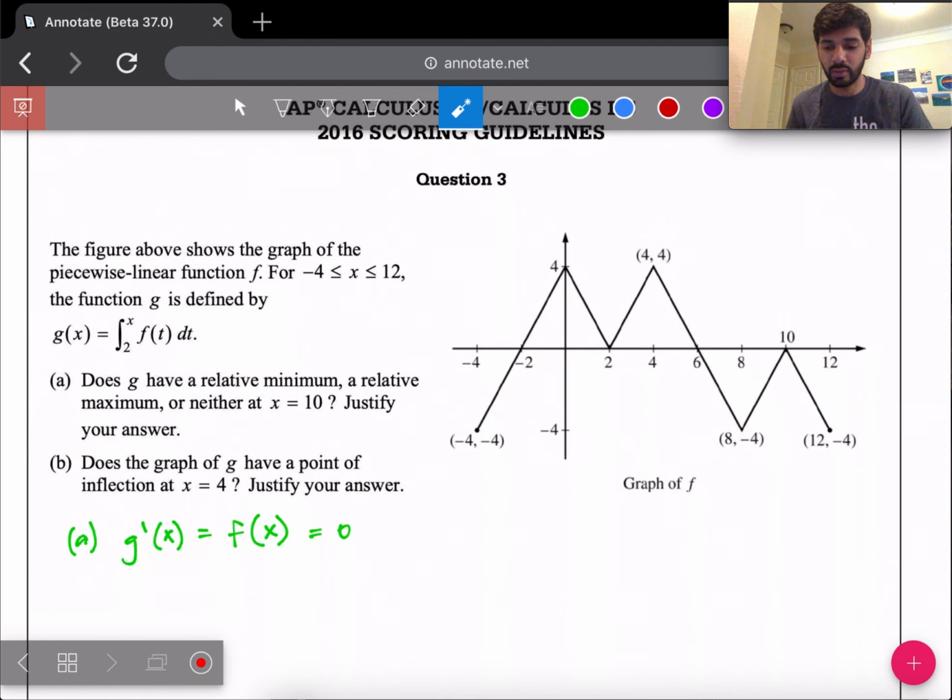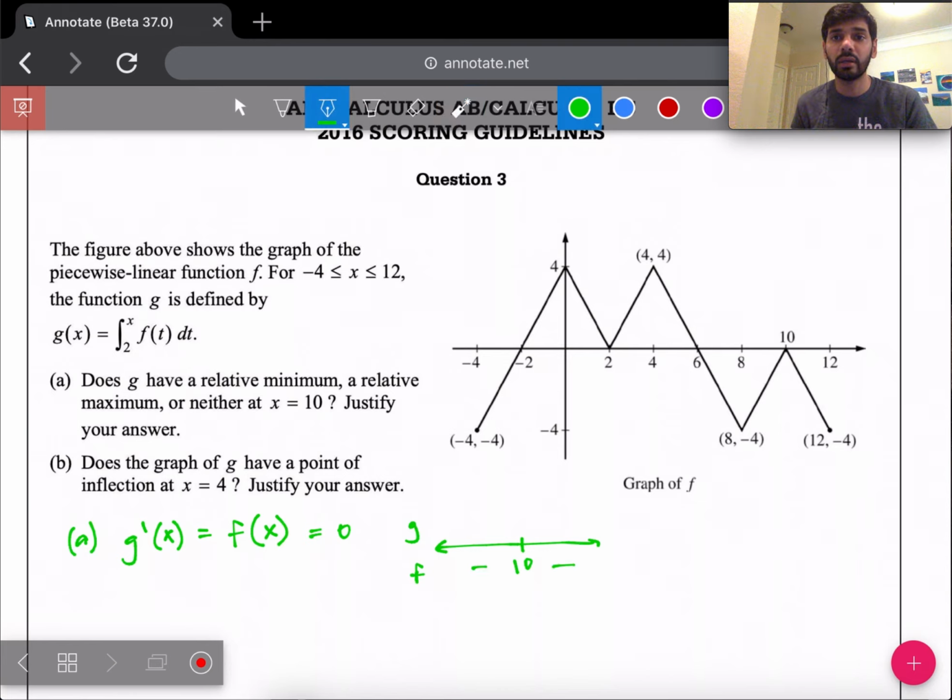So if you remember back to when we did the first derivative test, I would draw this number line here. The derivative, f, goes here, and the original goes at the top, and I put my critical number on the number line. If I look at f, it's negative on either side here.